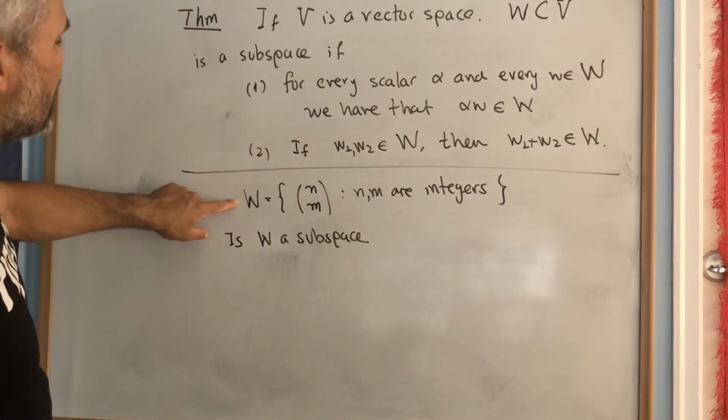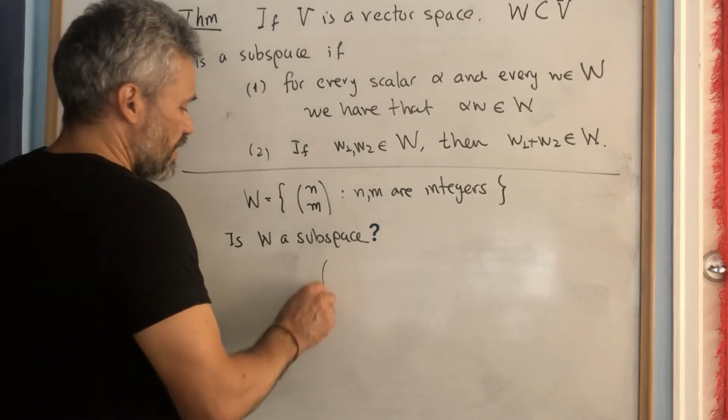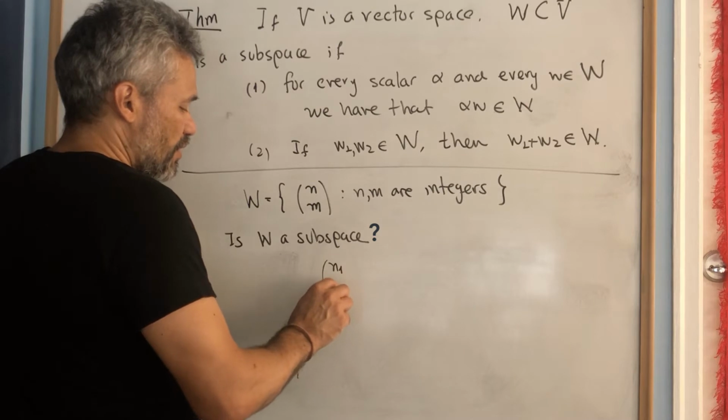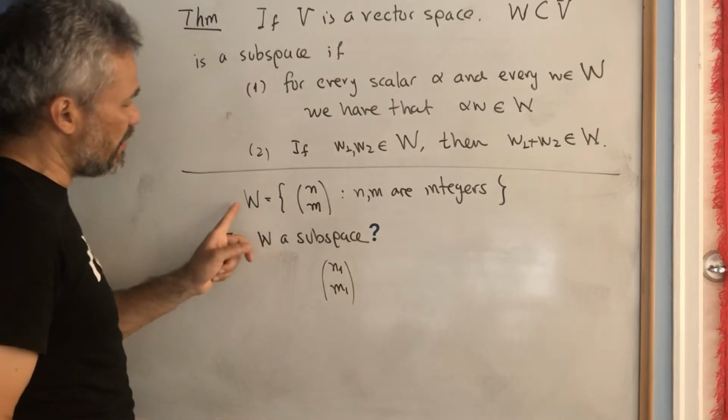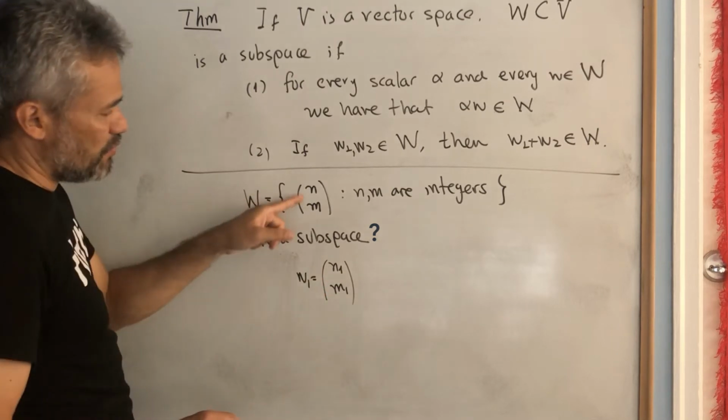We have that the second property holds true. If we take an element in W, it will look like this. This is a vector W1 in W, because it has these two integers.